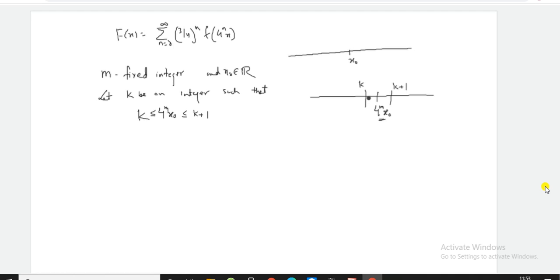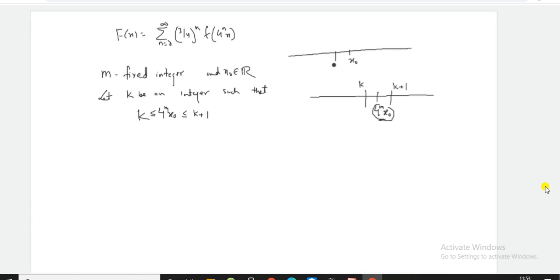Now if you divide this real number 4 to the power m x0 by 4 to the power m, you will get x0. Similarly, dividing k by 4 to the power m gives a number just before x0.